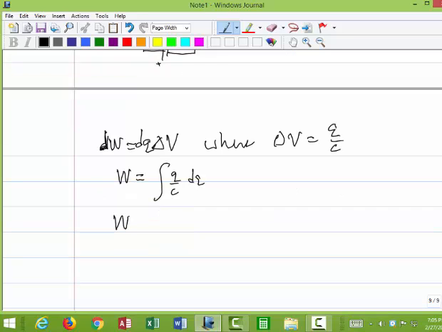Charging from an initial point of 0 to, let's call it Q, we shall have Q squared over 2C as the work done.